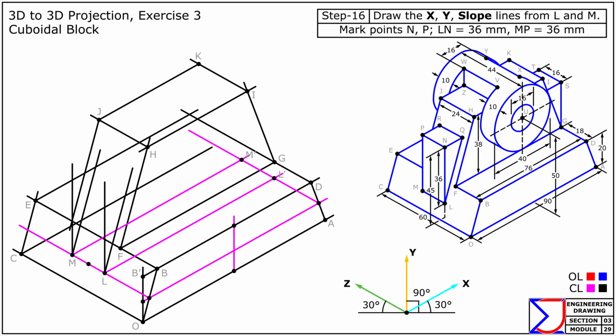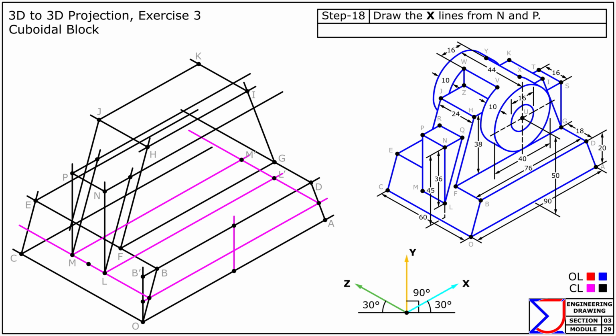Mark points N and P at a distance of 36 mm from L and M, respectively. Join points N and P. At points N and P, draw remaining parallel line.